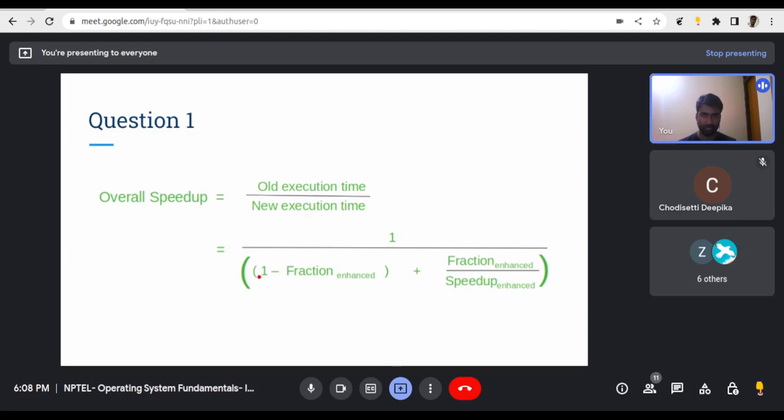The newer execution time is the older execution time multiplied by this complete equation, that is 1 minus the fraction enhanced, which represents the fraction that is not speed up, plus the fraction enhanced divided by the speed up that we have used.